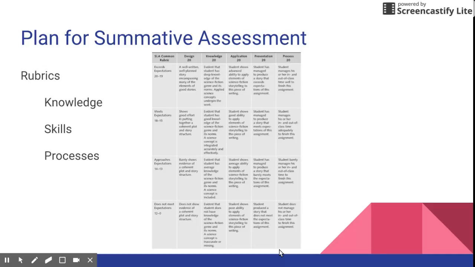Now, on the left-hand side, that's where the teacher lists whether it's exceeds expectations all the way down to does not meet expectations. And that lets the students, the teachers, and the parents know exactly why a project was graded the way that it was, or if a student wants to get that higher grade, what they need to do.